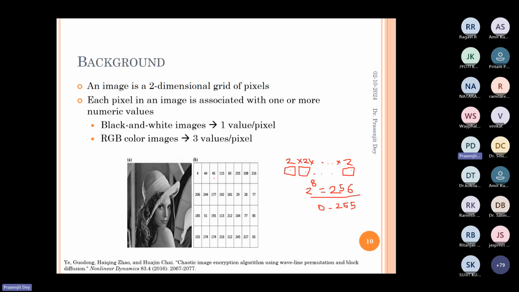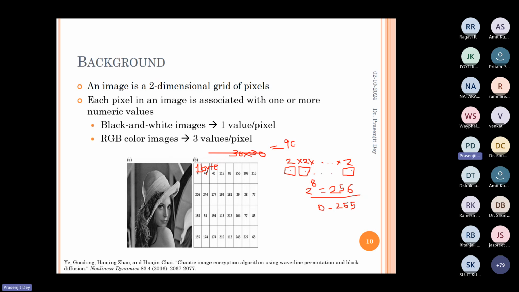So we can dedicate one byte for each pixel. Obviously, if the image is 30 cross 30, like 30 rows and 30 columns, then how many bytes do I need?